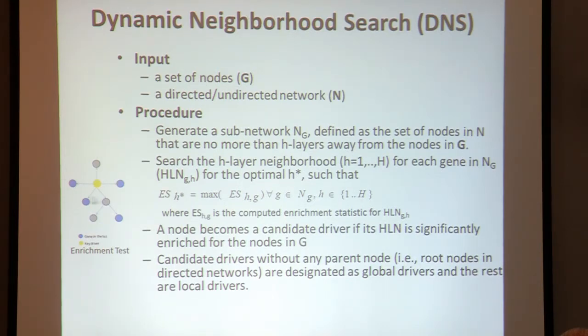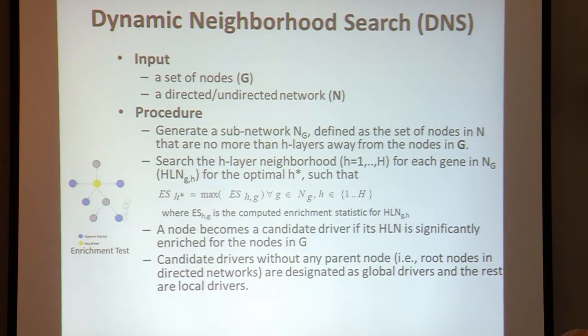So you can do the enrichment test. The p-value should be very significant. And then you search the 2-step neighborhood, so you can see more genes in the 2-step neighborhood.